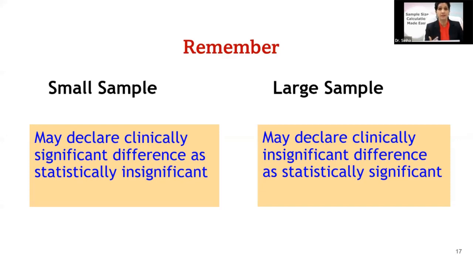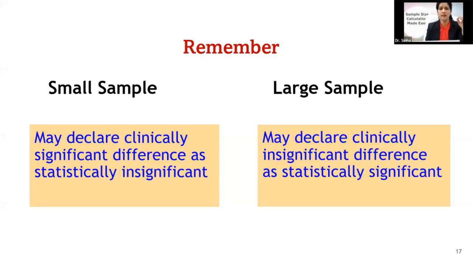A large sample size again has a problem. It may declare a clinically insignificant difference as statistically significant. We will see it. Because if you increase the sample size, even a very small clinical difference of 4 or 5 will be highly statistically significant. The confidence interval will not include 0 or 1, or the p-value will be 0.001. So you will convey that it is highly statistically significant.